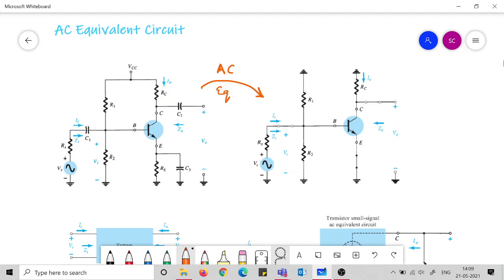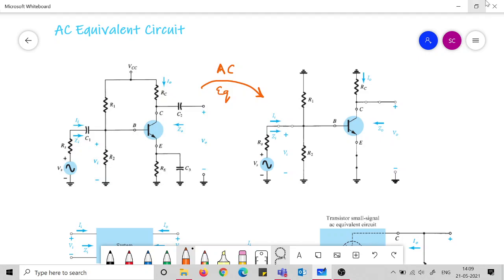However, we have to keep this in mind at the back of our mind: the AC is acting on top of the DC reference levels that have been set in the circuit by the Q point, which we have already calculated. We have done a lot of analysis on that. Okay.